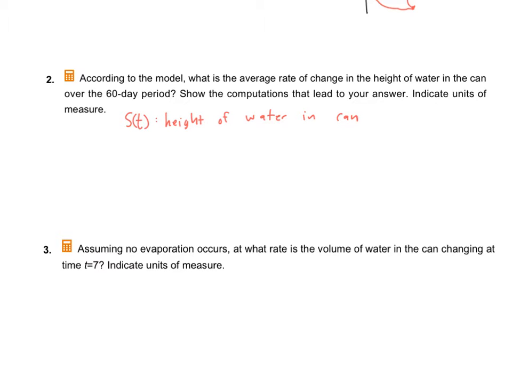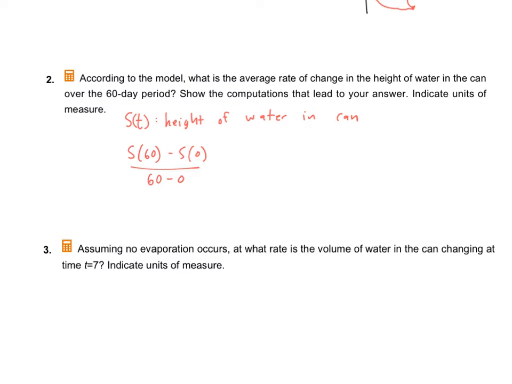Okay, and if we want the average rate of change of this function on the interval, then we'd have to do s of 60 minus s of 0 over 60 minus 0. Okay, so that's average rate of change, just slope formula on the interval. So you could do that.